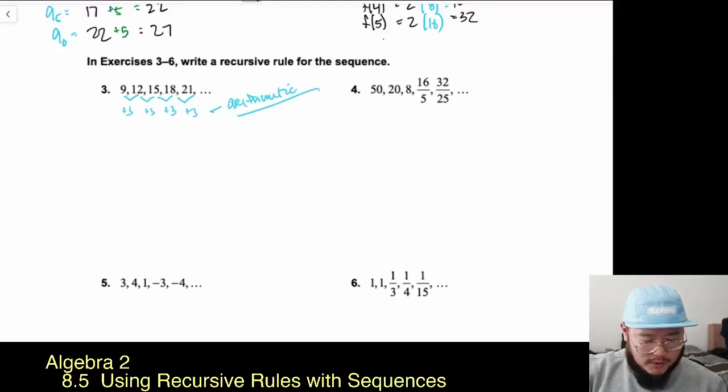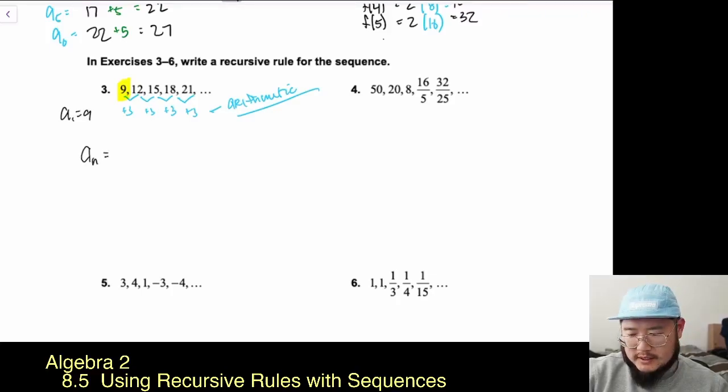So what do I do now? All right. It looks like they tell us what a sub 1 is. Right? They show us that it is 9. So all we need to do now is take a sub n, and remember, the equation is a sub n minus 1 plus d.